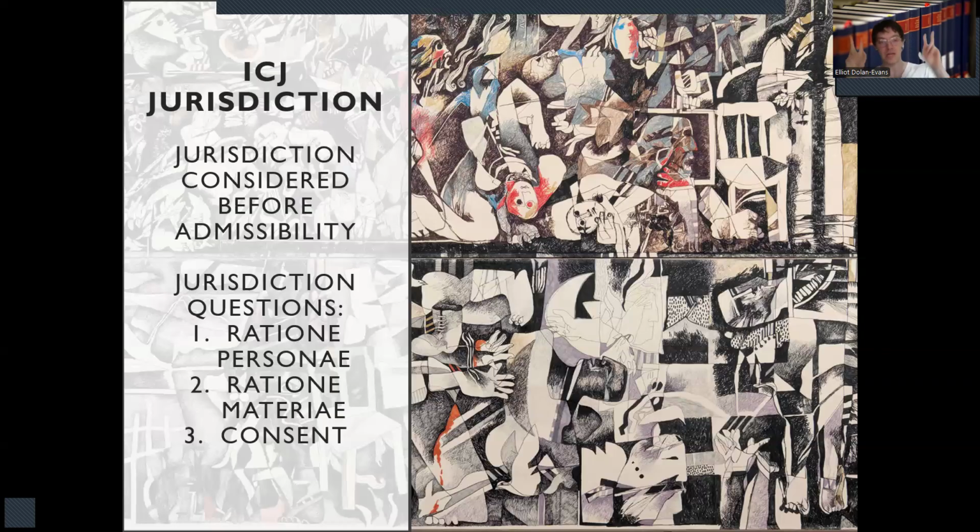And what is a dispute? This was defined by the PCIJ in a way that still remains relevant today, and the ICJ still refers to that definition, sometimes altering it slightly. I'm quoting here: a dispute is a disagreement on a point of law or fact, a conflict of legal views or of interest between two parties. That's the first element of the subject matter jurisdiction.